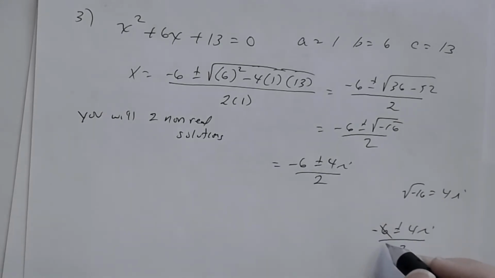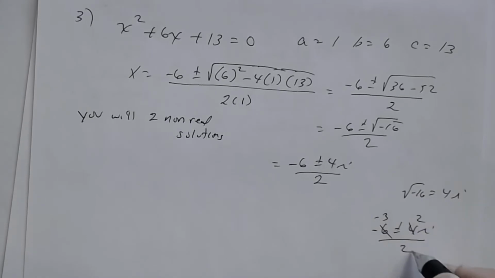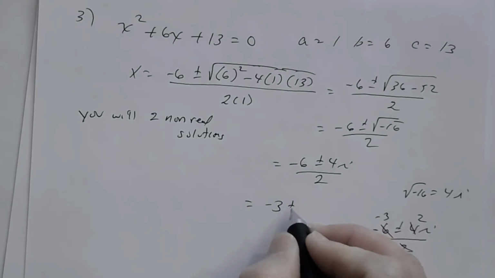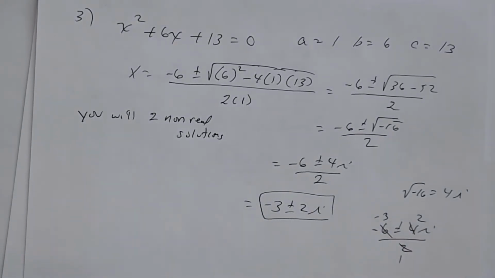So negative 6 divided by 2 is a negative 3. 4 divided by 2 is 2, and 2 divided by 2 is 1. So I get, now remember the denominator is 1. So what that means is that this just becomes negative 3 plus or minus 2i. So that's what that becomes. So that's the solutions. So that's your 2 solutions.